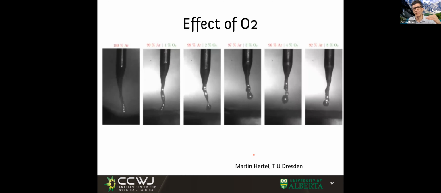As I'm looking at these images for helium, I would say helium gives you spray transfer, at least for my colleague in Germany. So I cannot put those two things together. These are the type of things that somebody once saw, and people have not done a systematic study to say, okay, let's make sure we know what we are talking about.